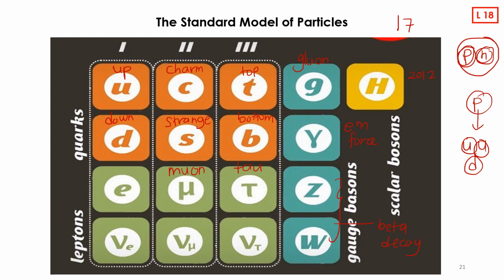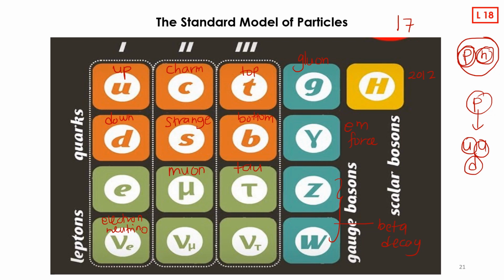The first one is electron neutrino. These neutrinos are associated with the corresponding lepton: electron neutrino, muon neutrino, tau neutrino. These only interact with other particles through the weak force, and trillions of neutrinos, many generated by the Sun, fly through us every second.